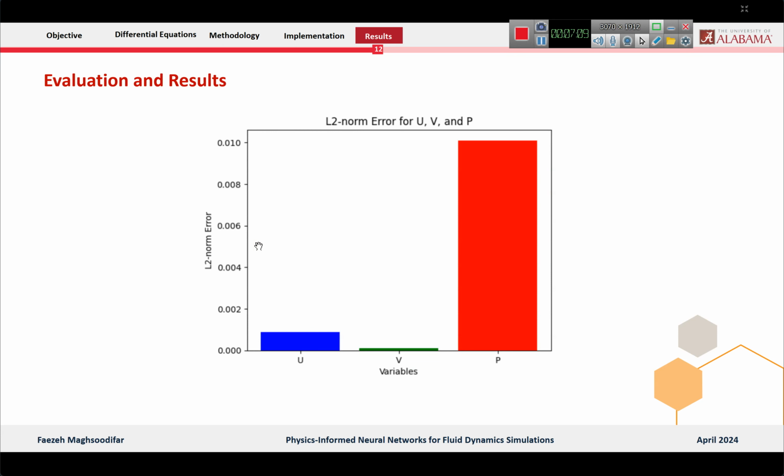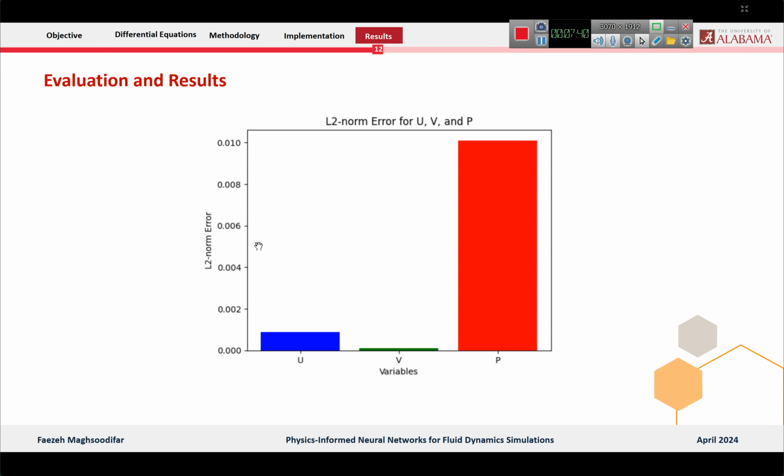Finally, the overall accuracy of the model is quantified using the L2 norm error for each predicted variable, pressure and velocity components. This metric provides a clear numerical indication of the model's performance, with lower values representing more accurate predictions.